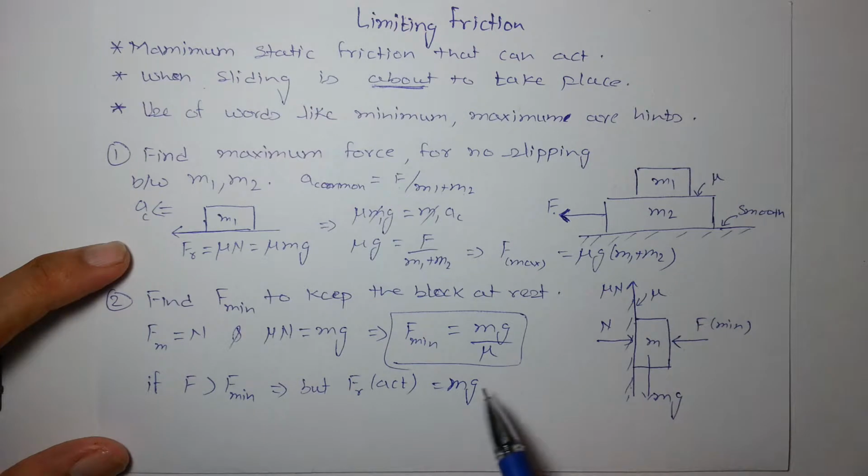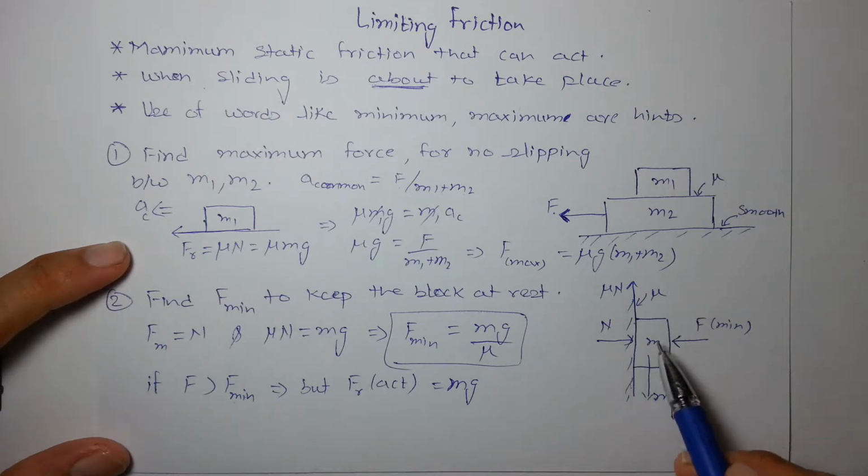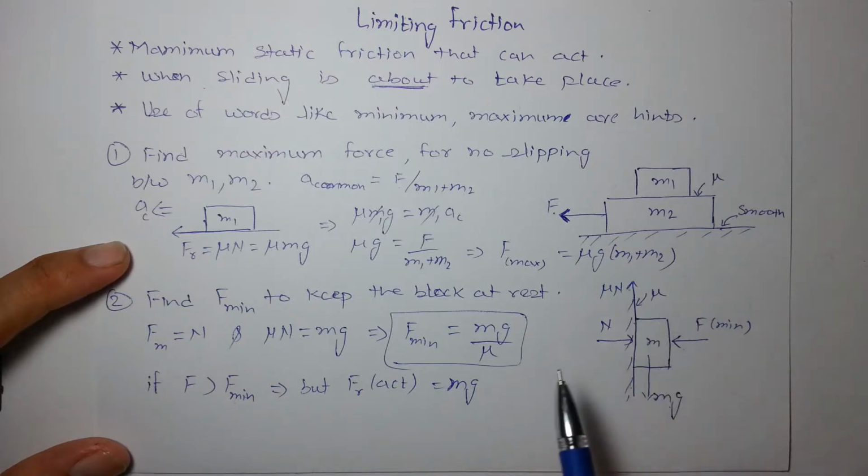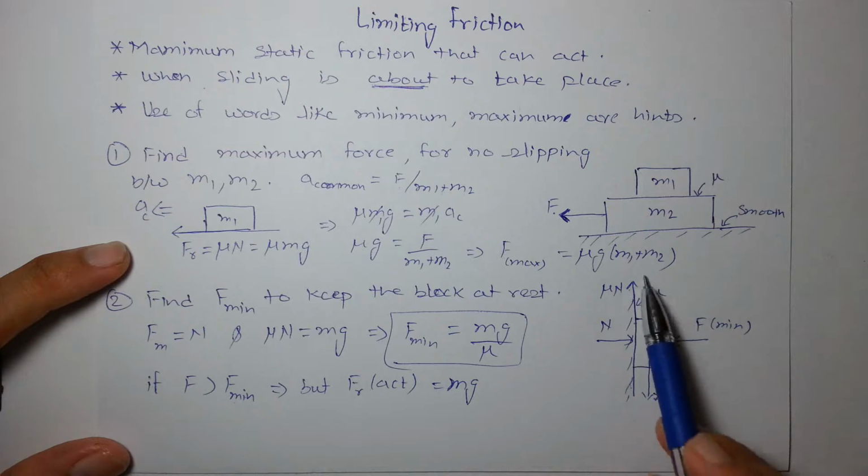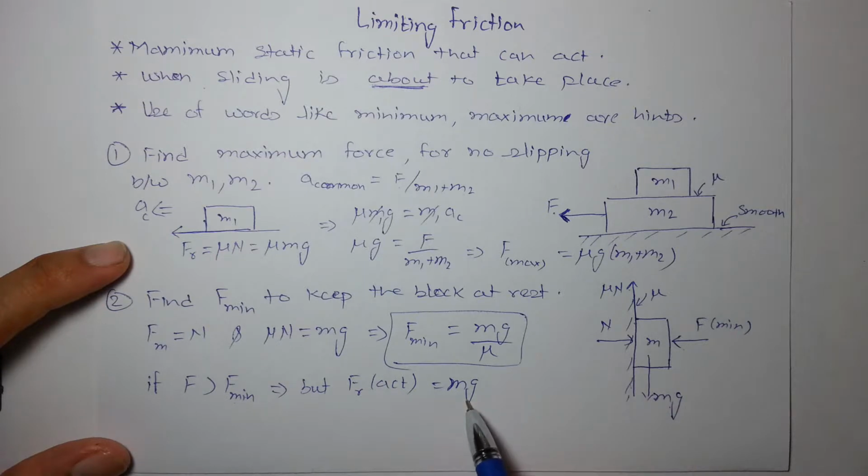If F applied is greater than F min, obviously the available friction, again I'm using the term available friction, is more than its weight, but it will not act completely, because if it acts in the upward direction, the block will slide up. Friction doesn't want this. So friction will just balance, or will act just equal to mg, even if it can act greater than that. But if F is less than F minimum, obviously sliding will take place.